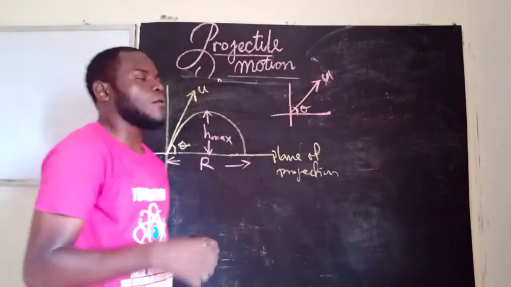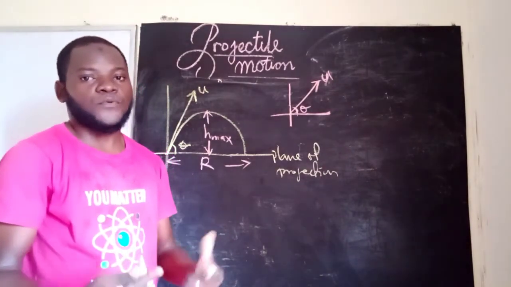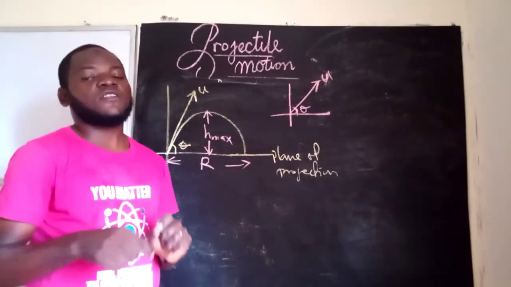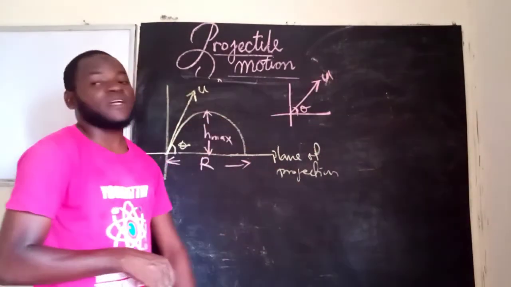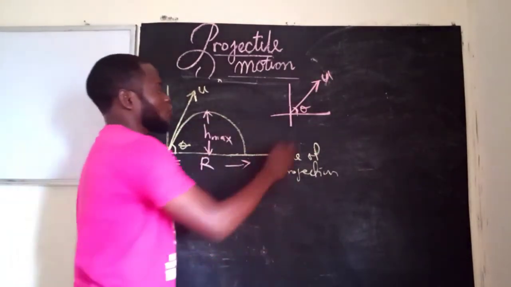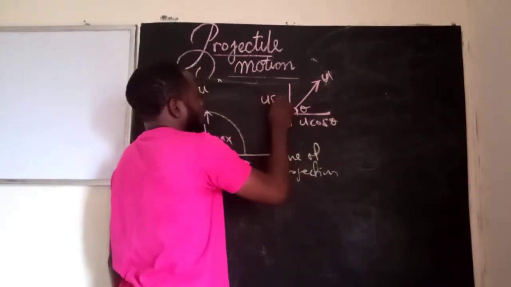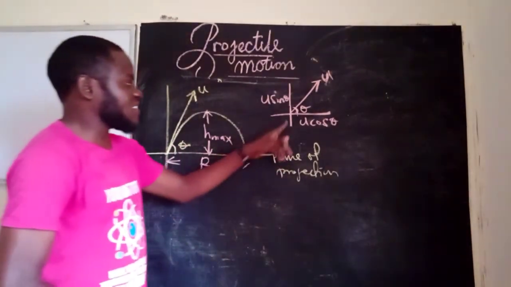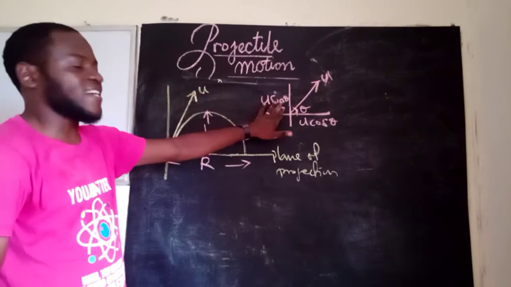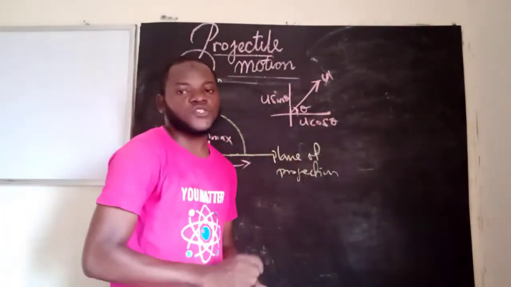So this is what we call resolution of a vector. When you want to break a single vector into its components, you can check the description box below to see the video on this particular explanation of resolution of a vector. So here will become u cos of theta, and here will become u sine of theta. It means the velocity along the vertical component is u sine theta, and the velocity along the horizontal component is what? U cos of theta.